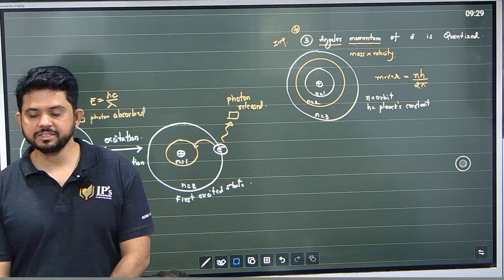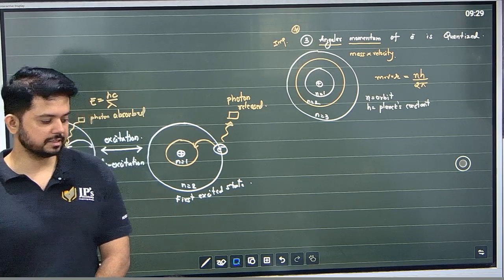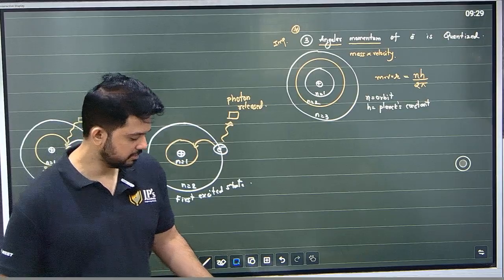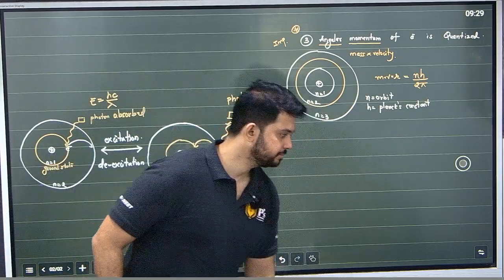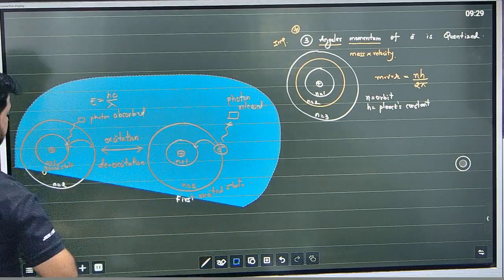The higher energy levels are known as second excited state, third excited state, and so on.